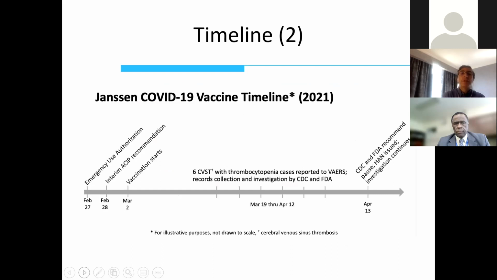In parallel, in the United States, we had mentioned early April for the publications to arise in the New England Journal. The Johnson & Johnson COVID vaccination timeline: it had received the okay by the FDA to be rolled out to the population late in February, and the vaccination started early in March.